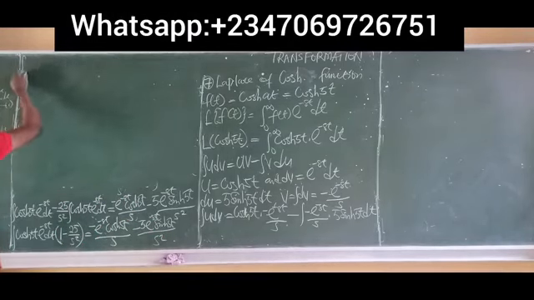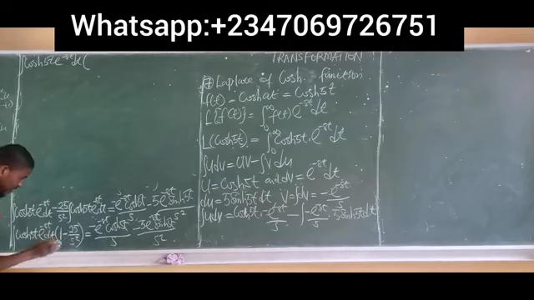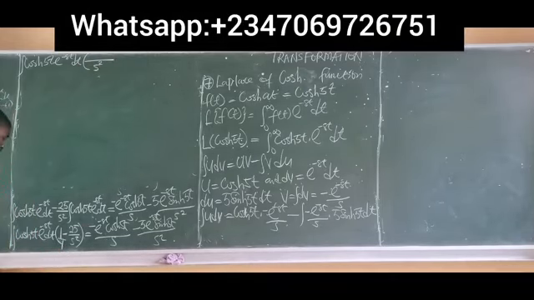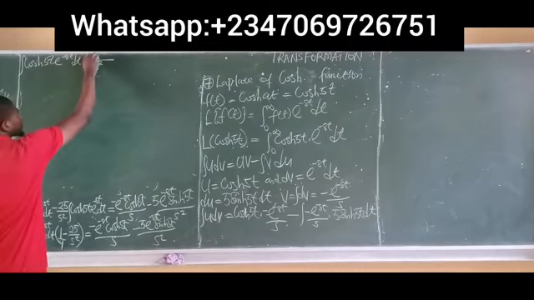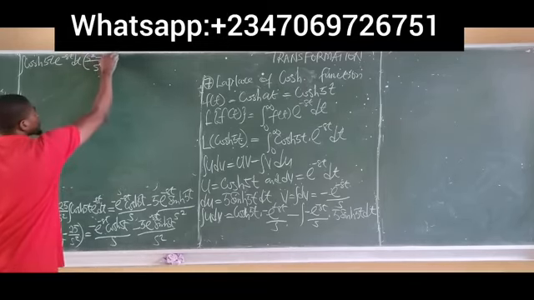So we have integral of cos 5t exponential minus st dt into, so let's rearrange now this term. We have 1 minus 25 over s squared. So this one can also be written as 1 divided by 1. The LCM there becomes now s squared. So s squared divided by 1 is s squared multiplied by 1 here gives us s squared minus, of course, s squared divides s squared is 1. 1 times 25 gives us 25.